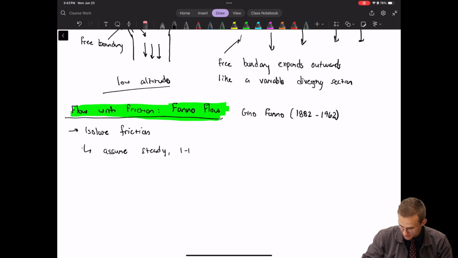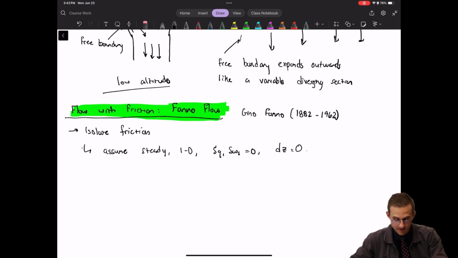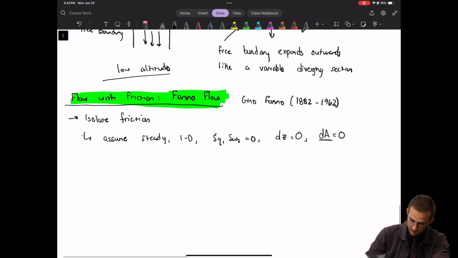We'll assume that there is no heat or work being done. We'll assume that gravitational potential energy is negligible, and we're also going to assume that the area of the duct is not changing, so a constant area duct.